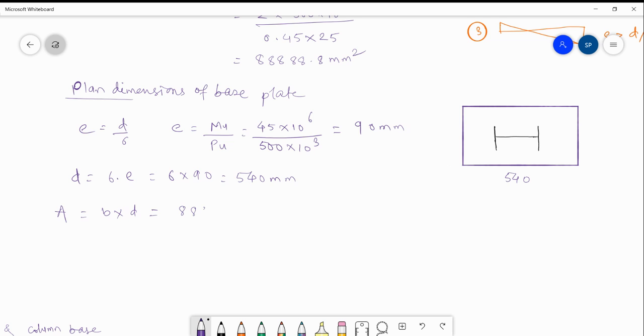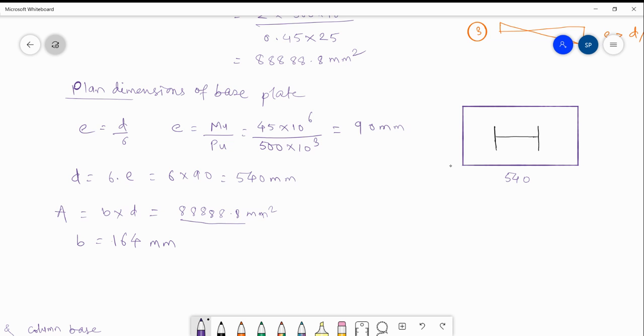This is equal to 888.8 mm². Now next you have to find the B value. If you divide the right hand side by the D value, which is 540, you will get the approximate value of B, which is 164 approximately.